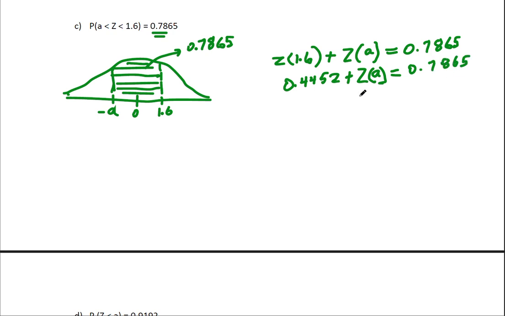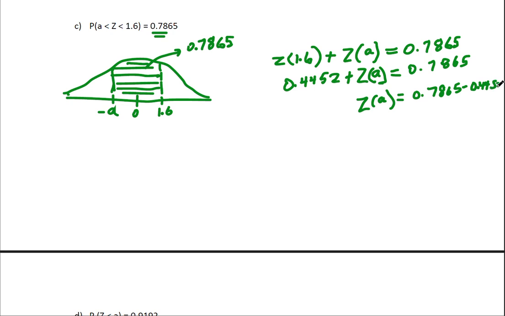So I'm going to do a little bit of transposition here. If I make z of A the subject here, this is going to give me 0.7865 take away 0.4452.